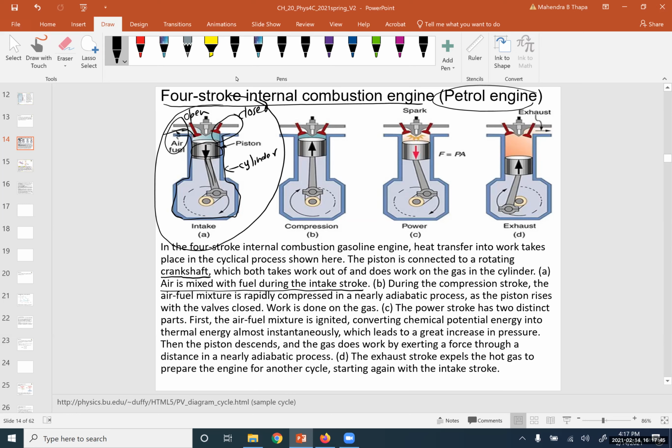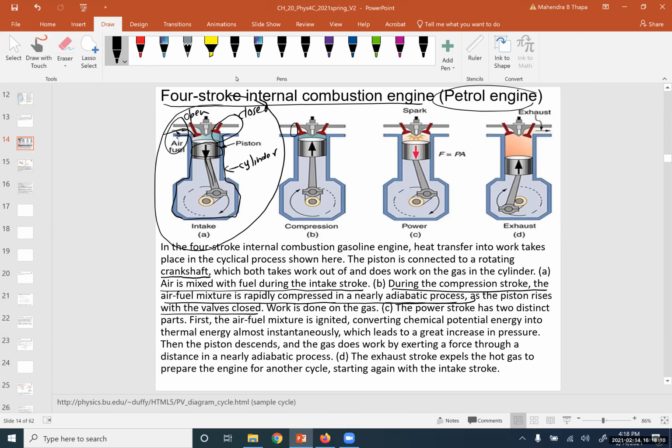Next, during the compression stroke, the air-fuel mixture is rapidly compressed. This happens in an adiabatic fashion, and the piston rises with both valves closed.